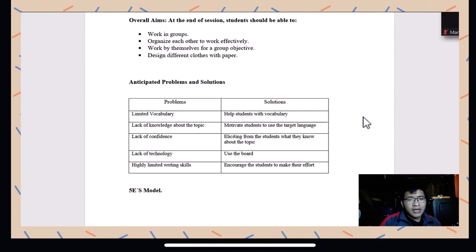And finally, the highly limited writing skills. The solution we found is to encourage our students to make their best effort. We know that they are beginners and probably they will struggle with the things they have to do, but we are sure that they will be able to do the activities in the best way possible.